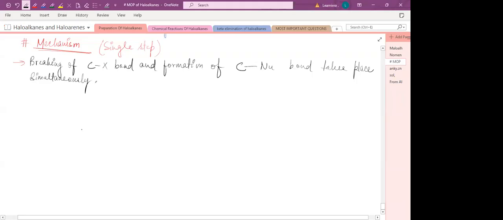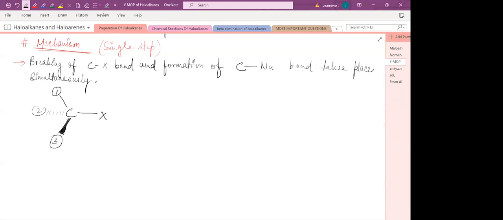And basically, the single step consists of a transition state. For example, if I write C-X, and again I'm writing the same thing, group 1, suppose it's 2, second, and it's 3. It's a third group over here, suppose it can be your H or any CH3 or any alkyl group.